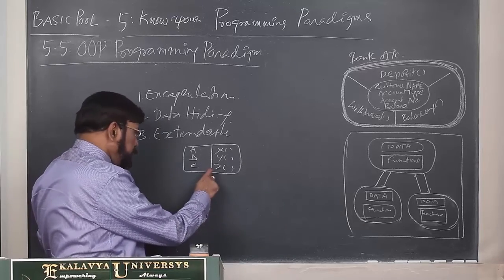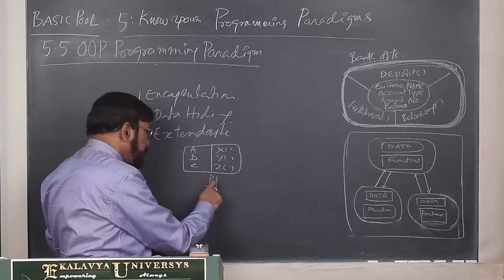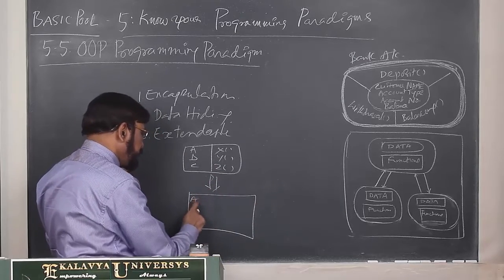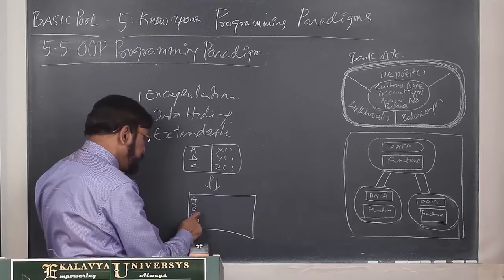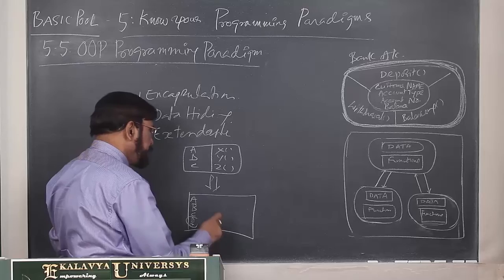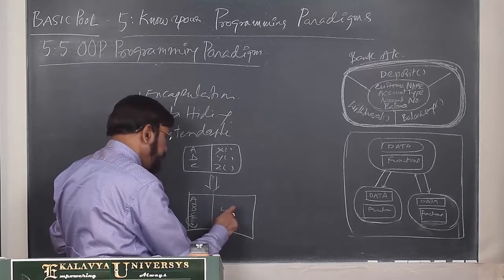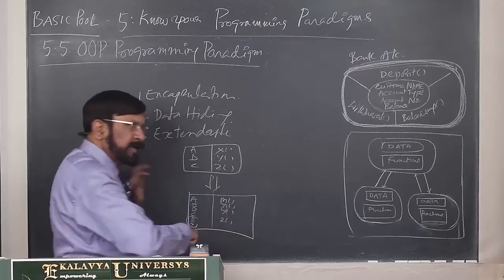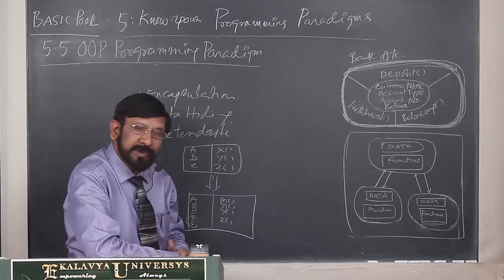Now this class is already existing, but after some time you require one class that requires A, B, C, D, E. That means two data items are extra, and it requires Y, Z functions and M and N functions. Two new functions are required, two new data items are required.